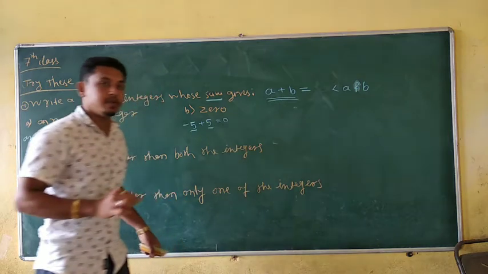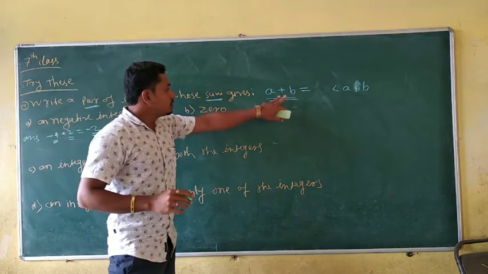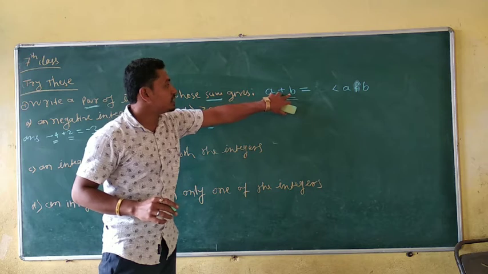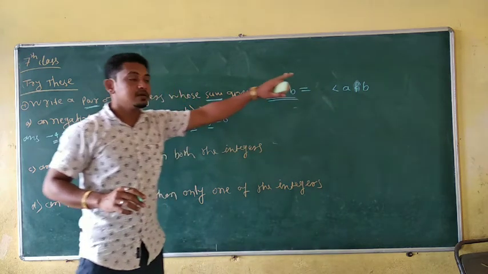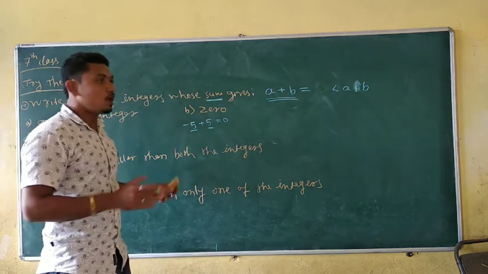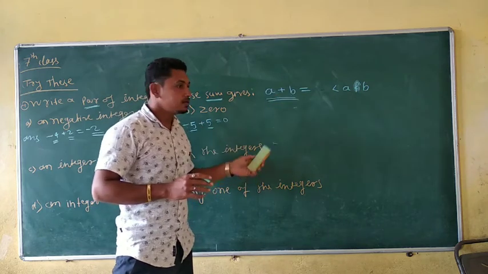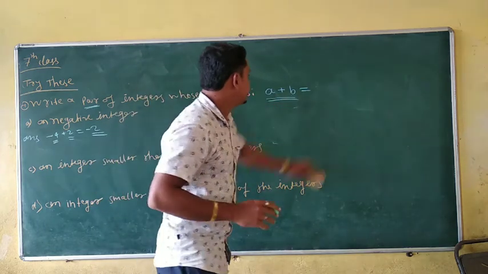Smaller than a and b means the sum of these two integers should be smaller than a and b.